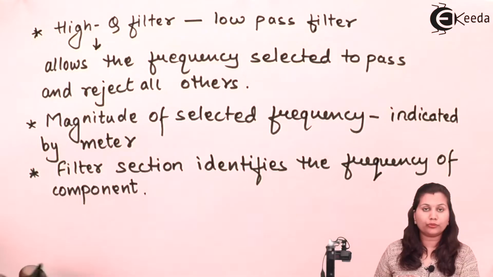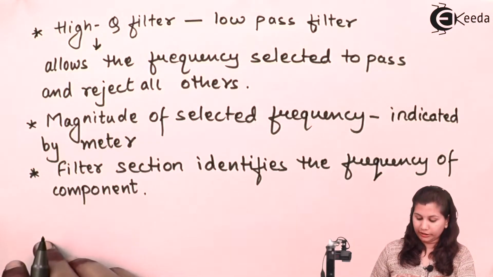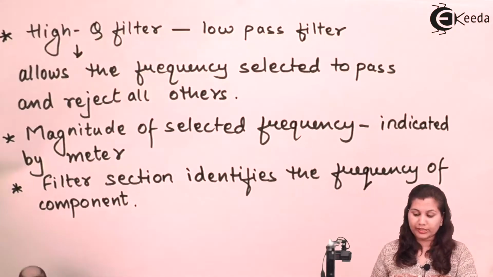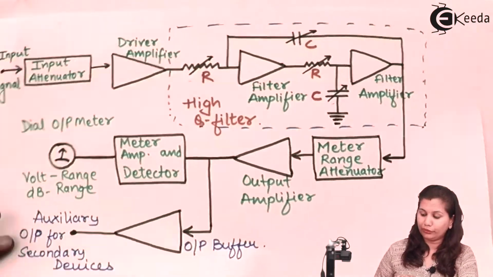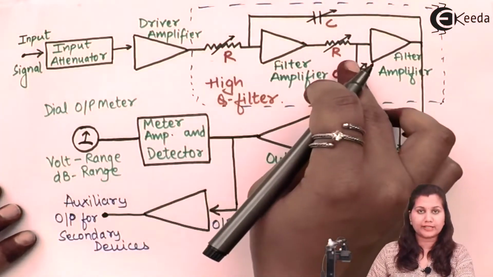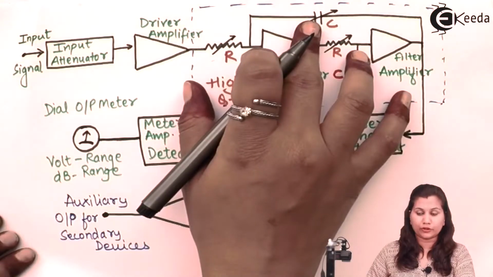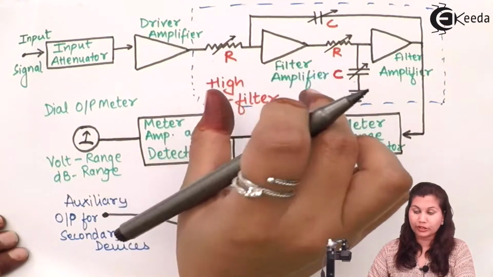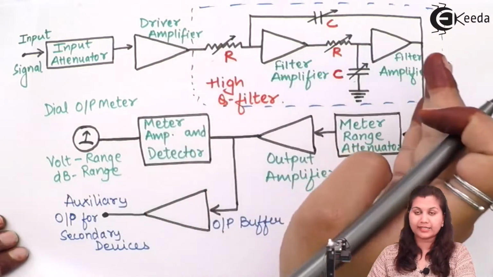Now this high Q filter, or the low pass filter, consists of the RC resonant circuit. You can see in the block diagram that in this high Q filter we have two filter amplifiers, two resistances and two capacitors. So this complete circuit is a cascaded RC resonant circuit.